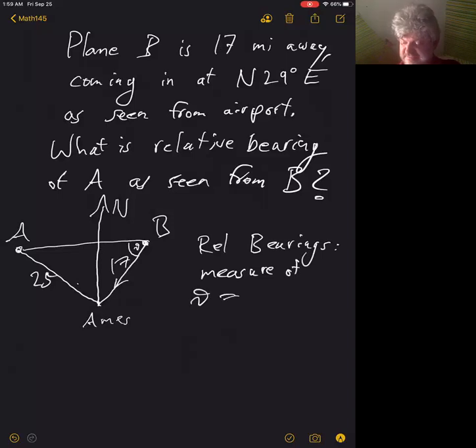It's the angle. Okay, I didn't give a name to that point where the airport is. Can I call that C? So we have a triangle ABC. And we mean the angle at B. So you could call that angle, first side, then vertex, then second side, angle ABC.